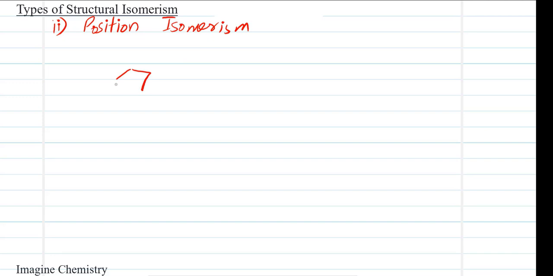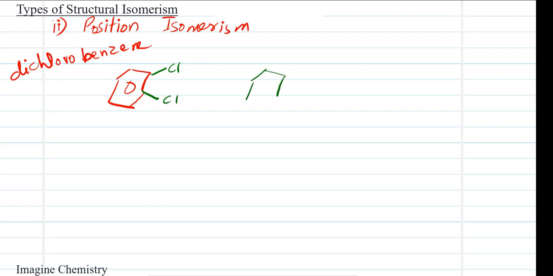Let's say we have dichlorobenzene, and I ask you to write the structural formula. So you can pose three different structures, which can be ortho dichlorobenzene, it can be meta dichlorobenzene, or it can be para dichlorobenzene.